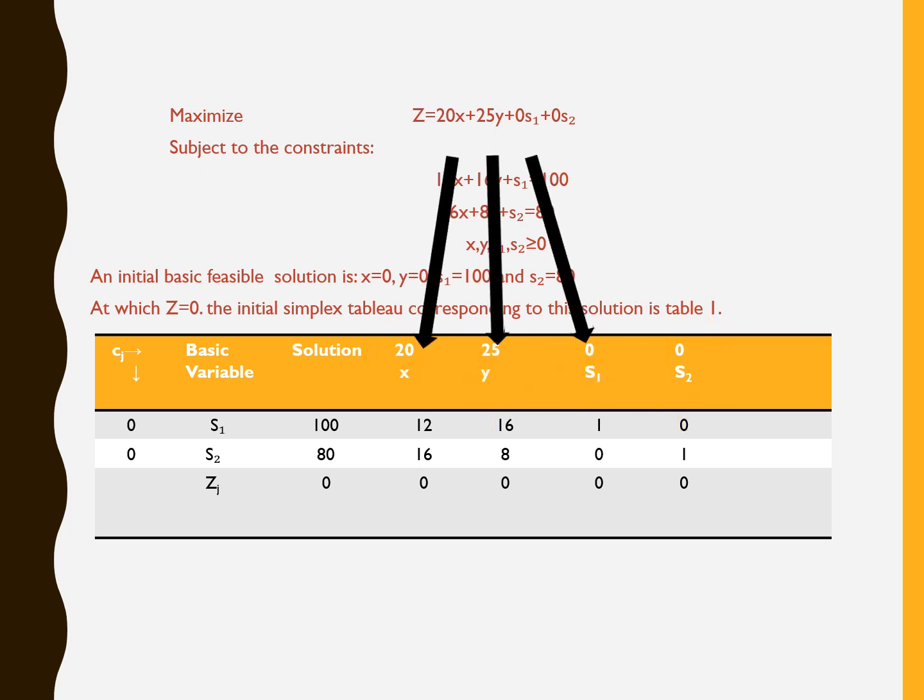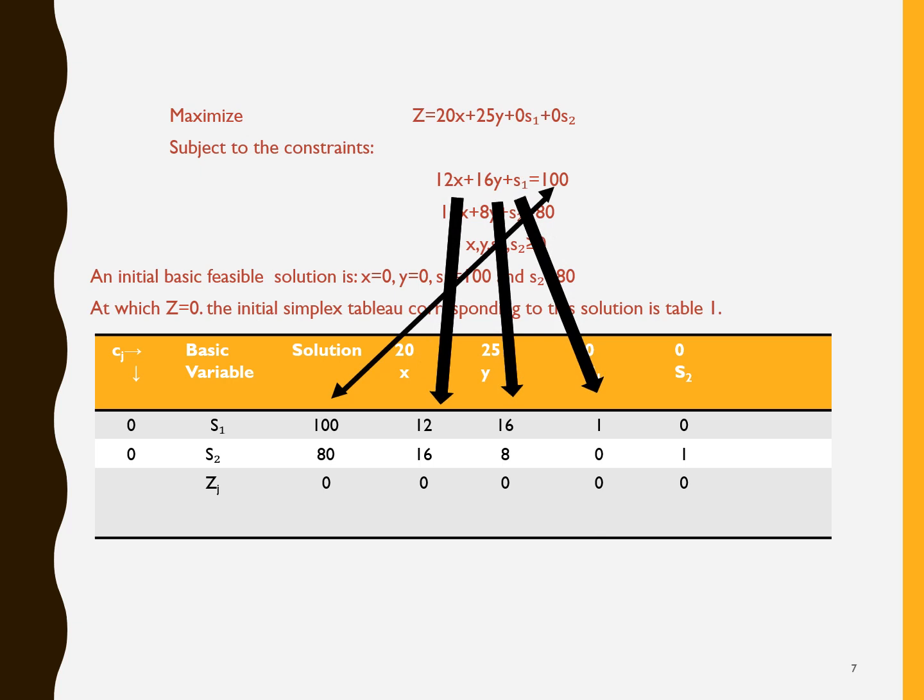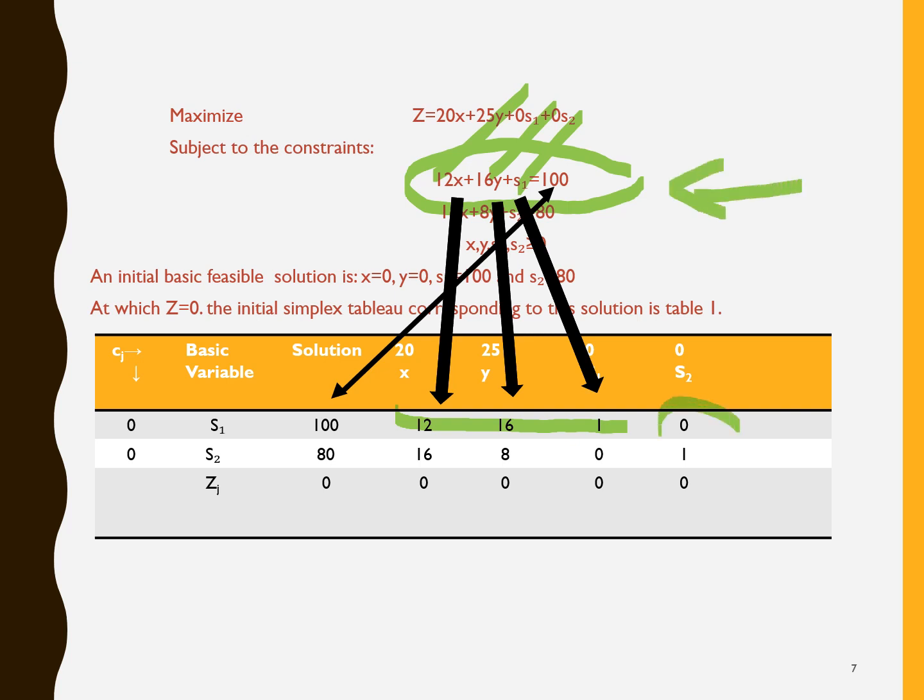Next step, here we extract the coefficients of the constraint equations, that is 12, 16 and 1 for slack variable 1, s1, and we write them here: 12, 16 and 1. Since we do not have any s2 in this constraint 1, we put a 0 here, and that's how we frame the entire first row.